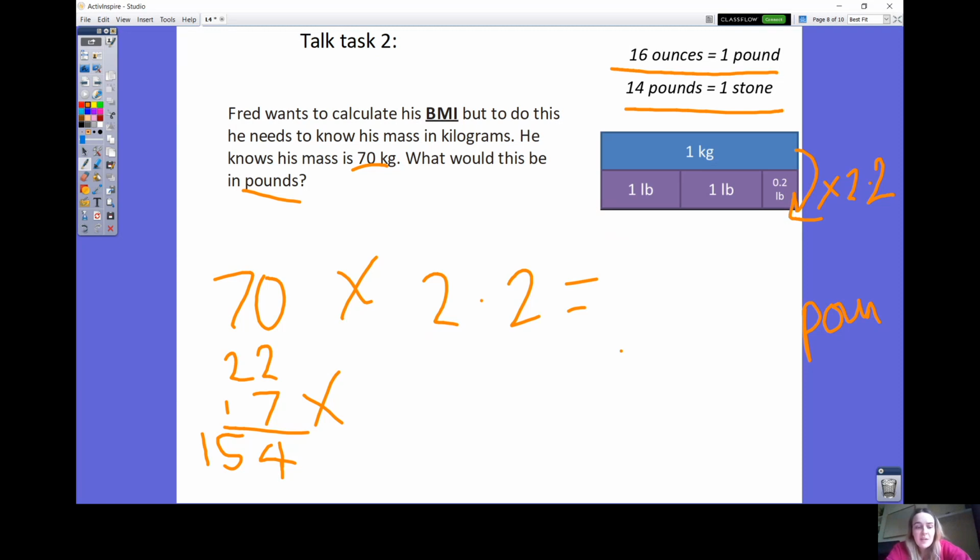And because I did it by 7, I removed the 0, but then you have to add a decimal point in. So the answer is still 154 pounds. So just double check, see if it matches what you've got. What I did is do 70 kilograms multiplied by 2.2, and the answer was 154 pounds. Check to see if you got that answer, and if you didn't get it right, see where you went wrong.